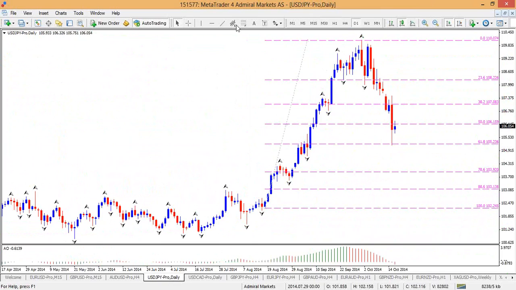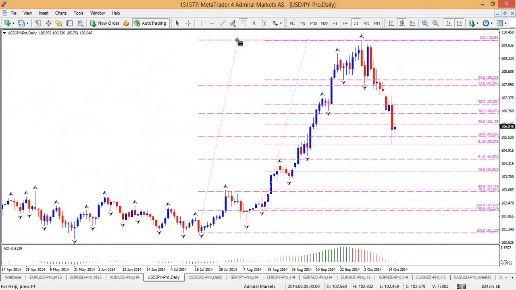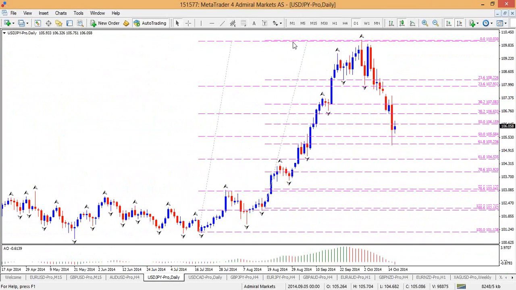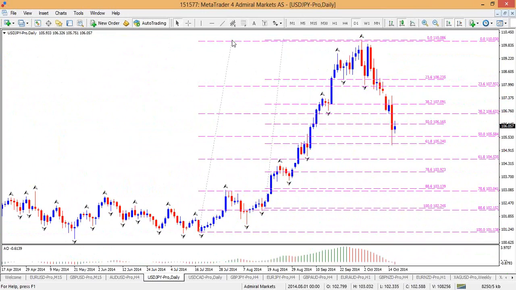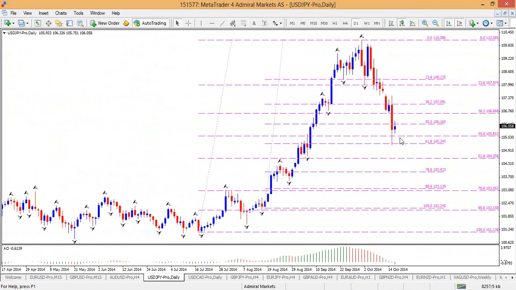Now there is a difference. The Awesome Oscillator fib will be using this bottom to this top, as you can see. So there's a bit of a difference there. A 50 fib according to AO, 61.8 fib according to wave fibs.